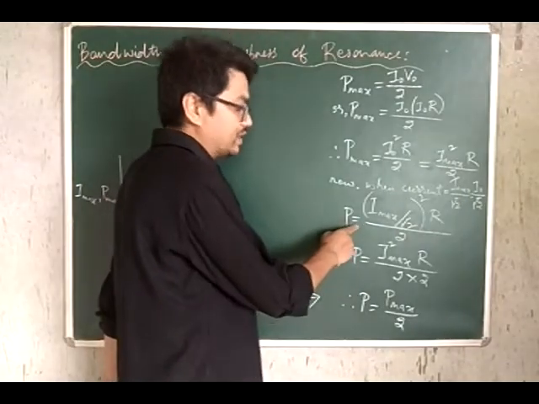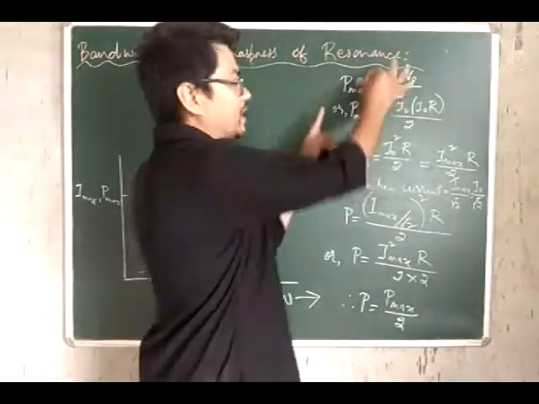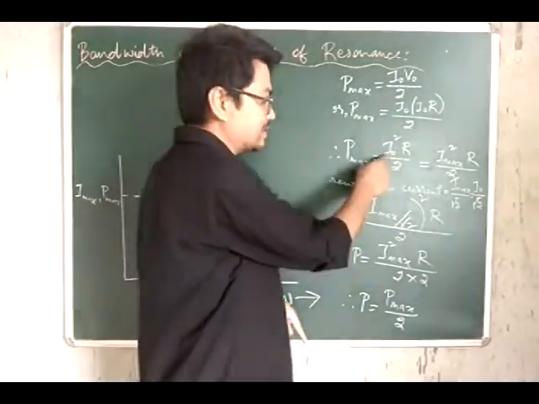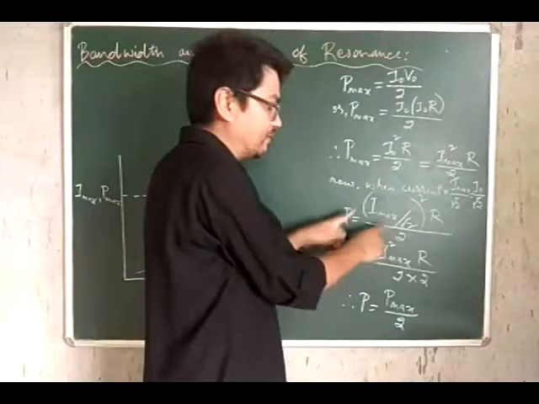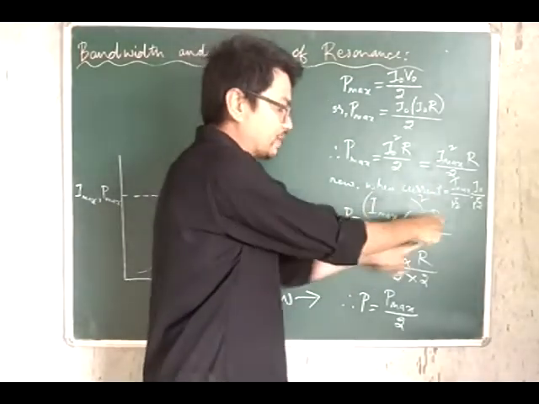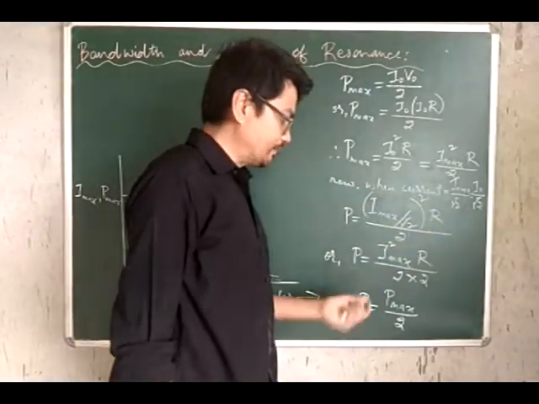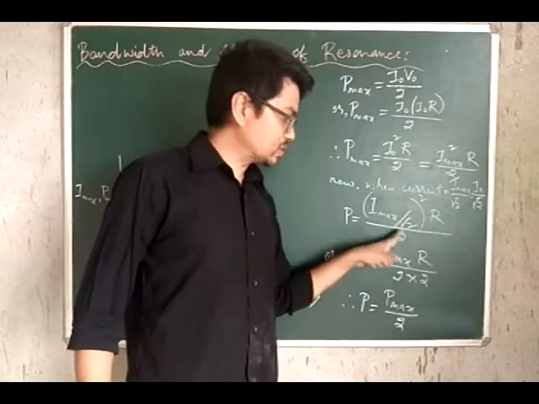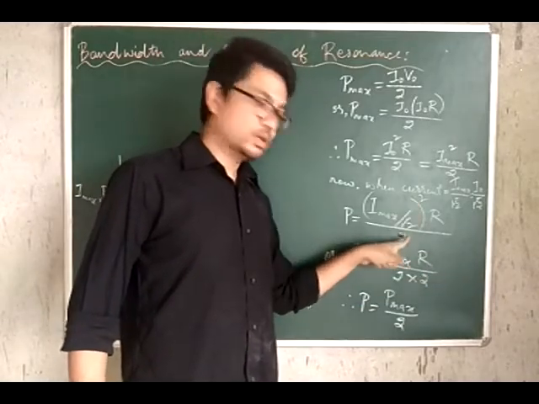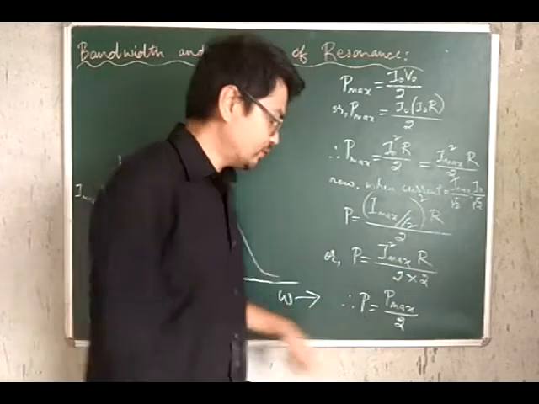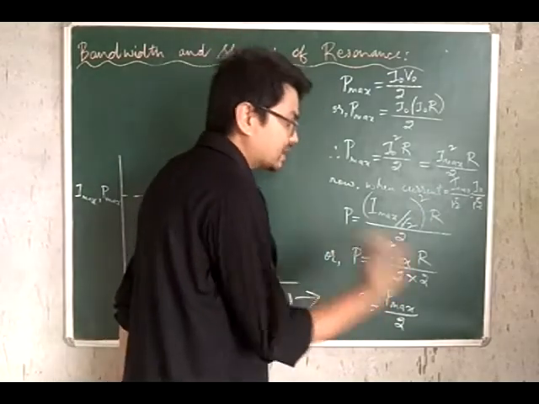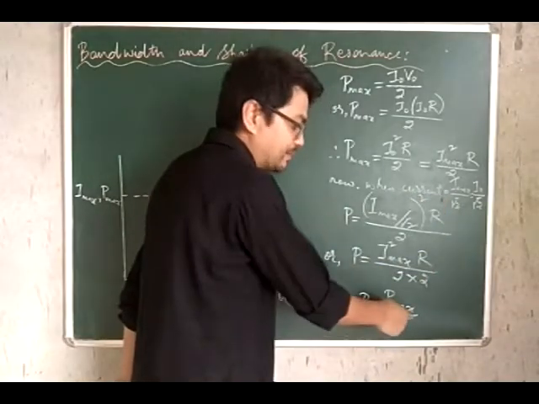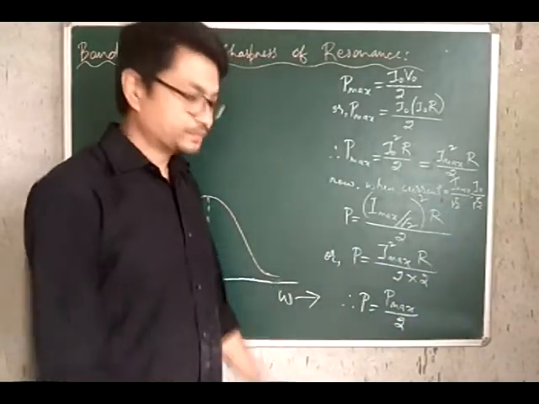Power will be equal to, the value of current is not I naught now, it is I naught by root 2. So instead of I max, we have I max by root 2 whole squared into R divided by 2. So power is I max squared R by 2 into 2, because root 2 into root 2 is 2, of course. So the value of power corresponding to this value of current I max by root 2 is P max by 2.